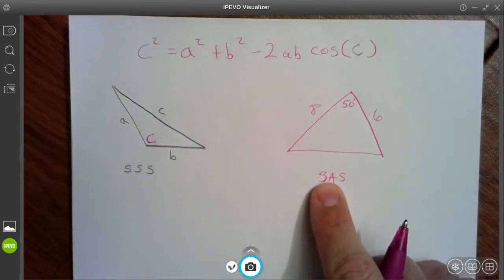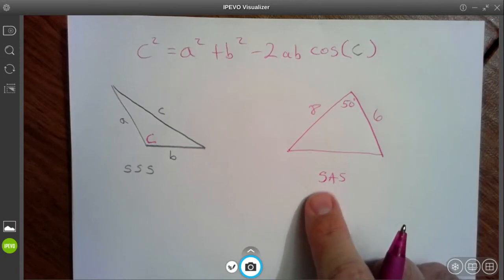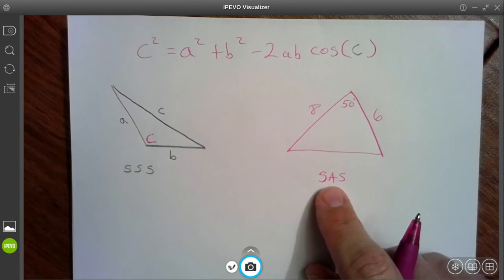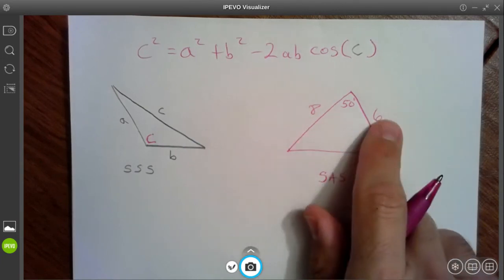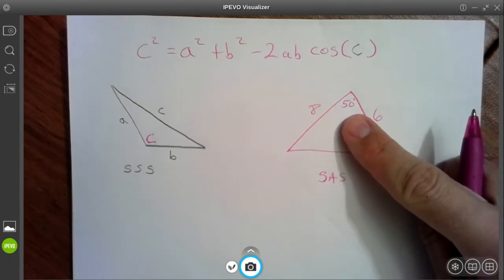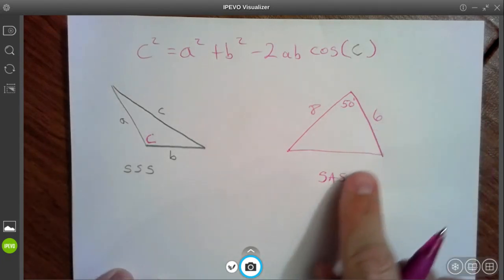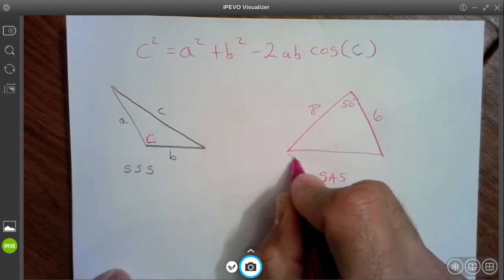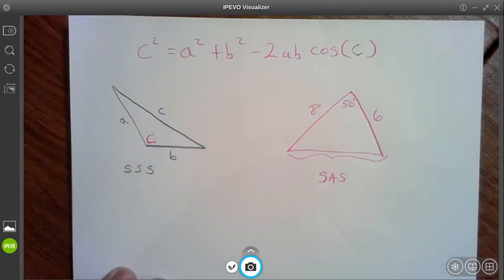Another good place to use it is when you have two sides and you know the included angle. Here I have 8 and 6, and I know the angle that's in between them. We could use this information right here to solve for this missing side.